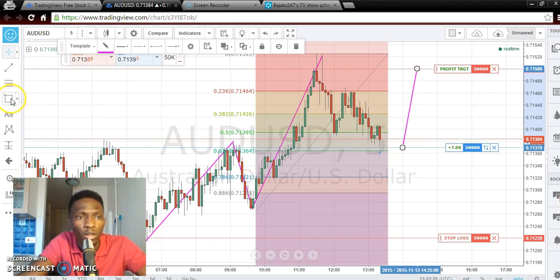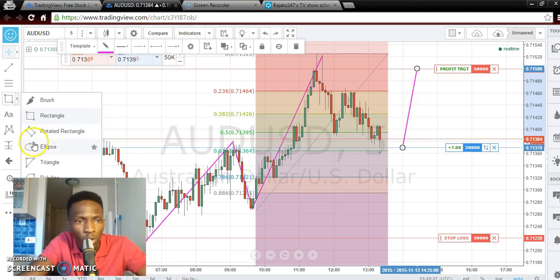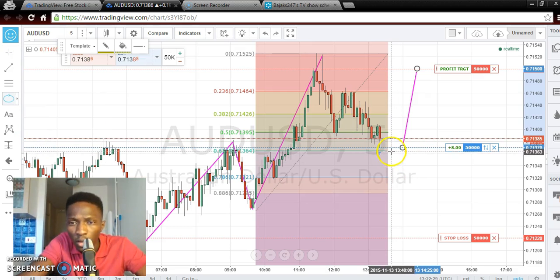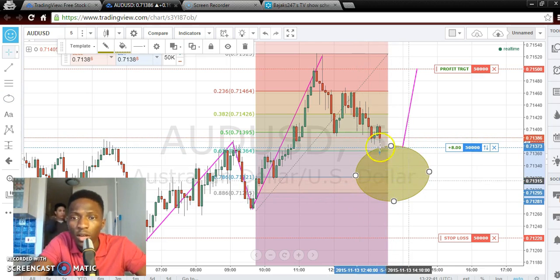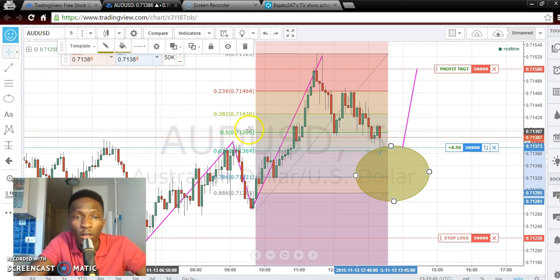But obviously I'm expecting that move to happen somewhere in this zone. So somewhere in this zone, I'm expecting a retracement from this market back up into previous structure. So I'm going to pause this video, and I'll come back once our profit target has been hit.